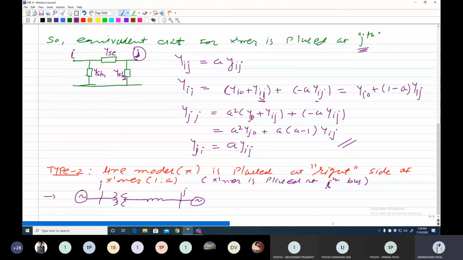What is the role of this transformer in the power system, or say in this network? Regulating transformer. What is the role of this regulating transformer?